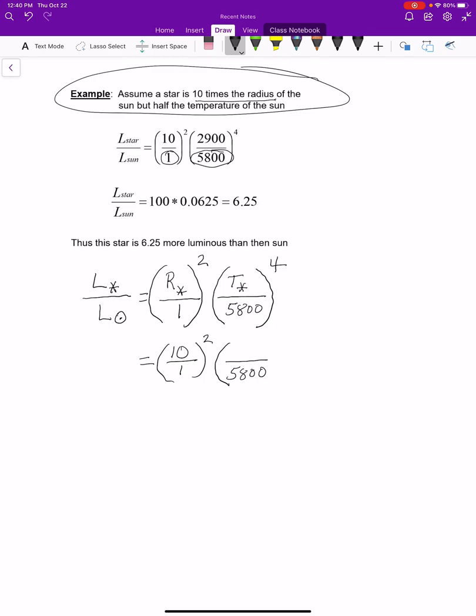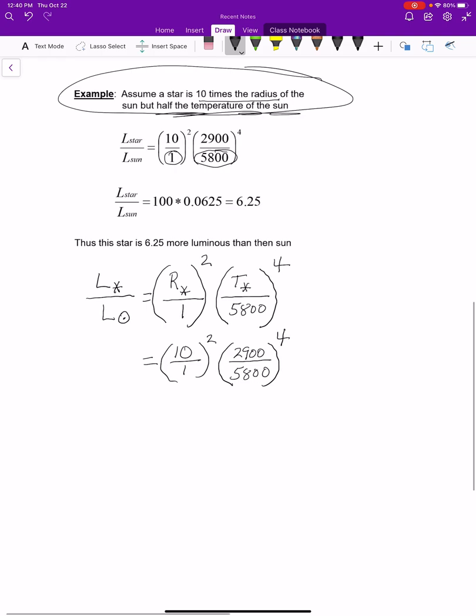Now, if the star is half the temperature of the sun, half of 5,800 is 2,900, and then we raise that to the 4th power. So that's where these two numbers came from. They came from the actual information of the problem itself.